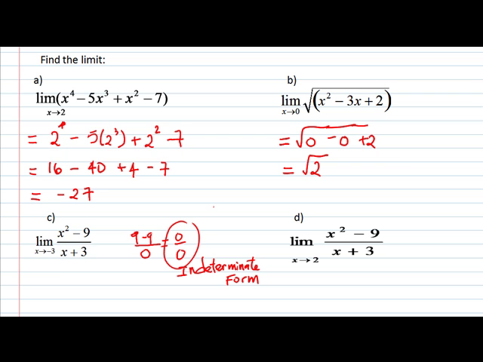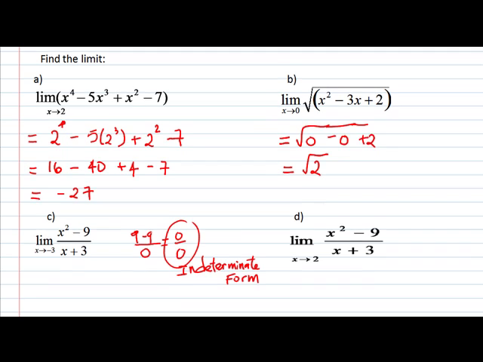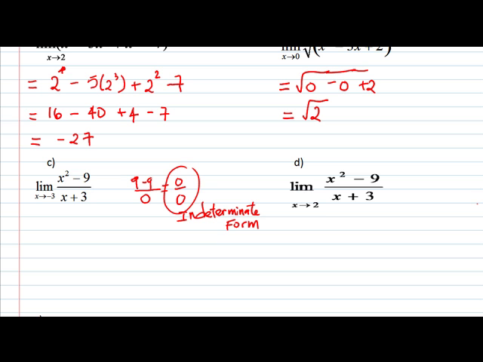So when this happens, we have to do extra work by going inside our function and rewriting, or massaging, our function to recognize it. So I can rewrite this as a limit where the numerator can be factored as x minus 3 times x plus 3, over x plus 3.